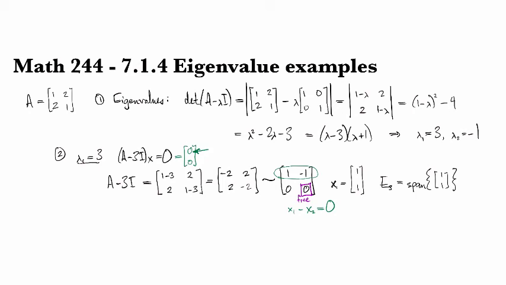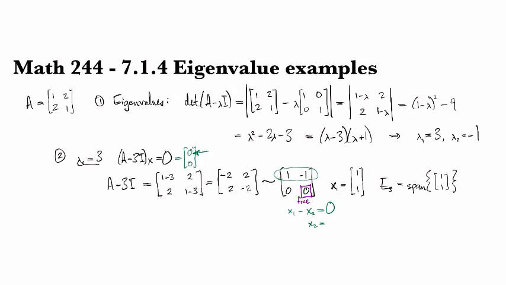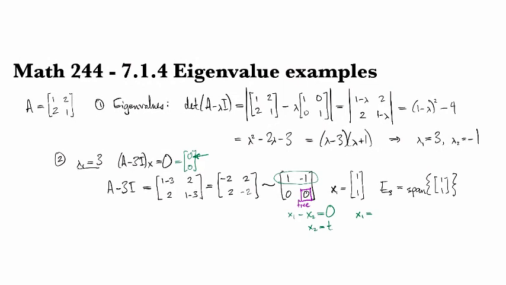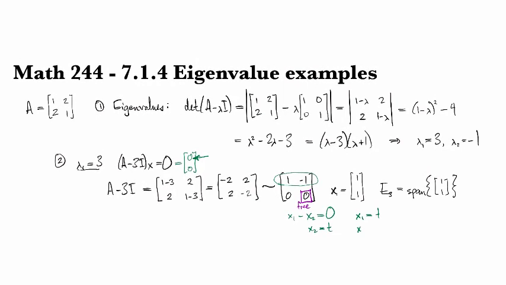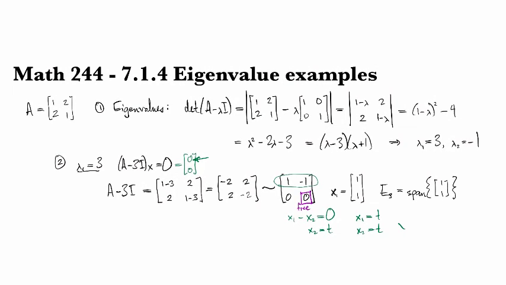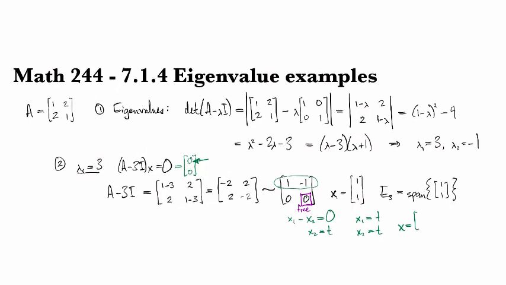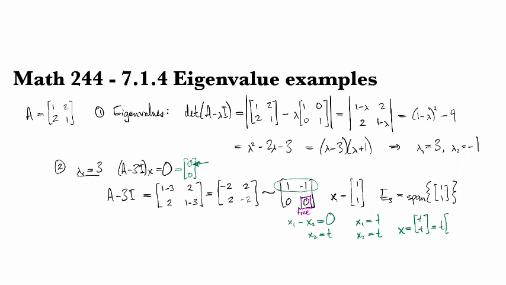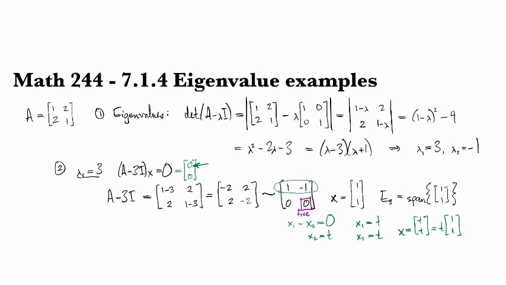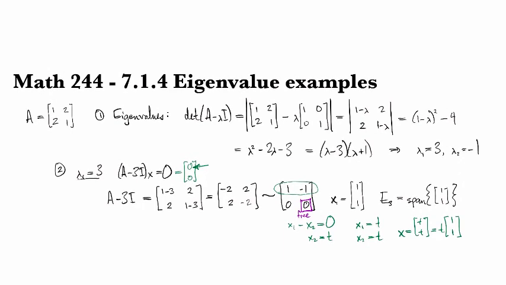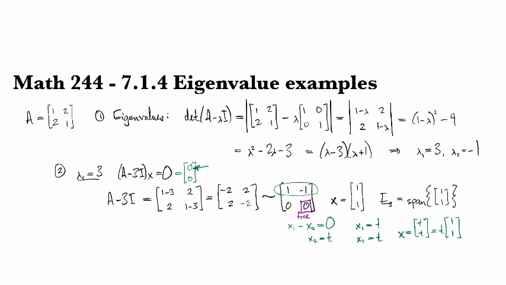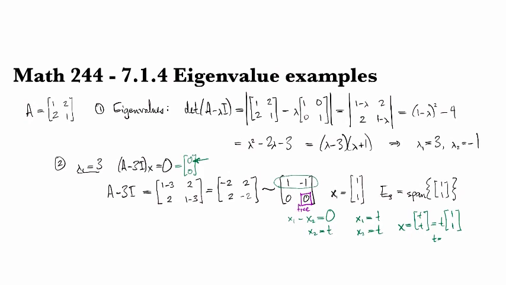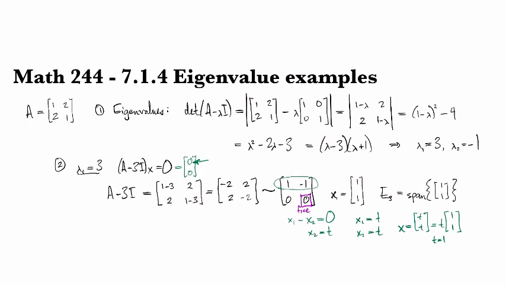So we take x2 to be t and resolve as x1 equals t, x2 equals t, so that x equals this vector right here, and I pull out the common factor of t. And I just need an eigenvector, right? I don't need to describe all of them. So I take, in this case, t equal to 1 to make it as simple as possible.